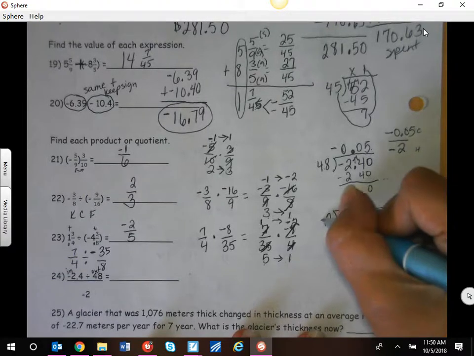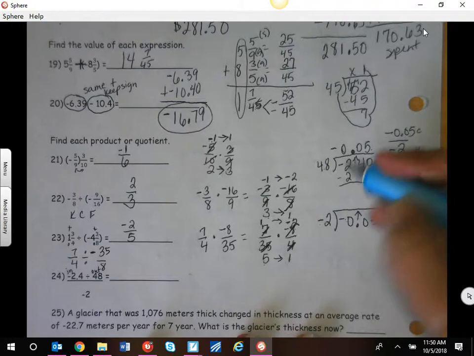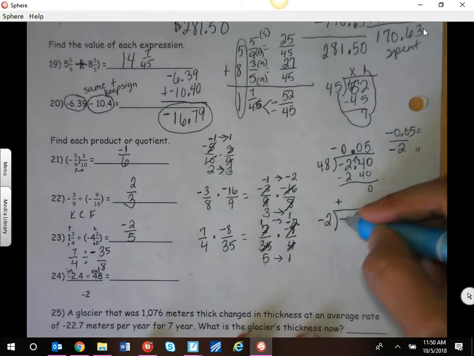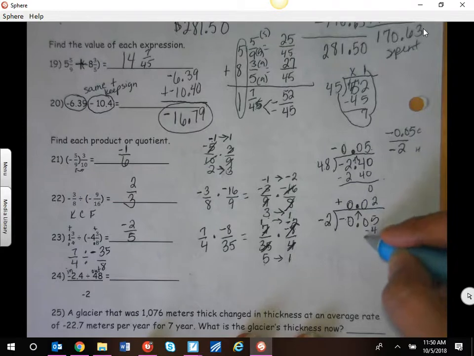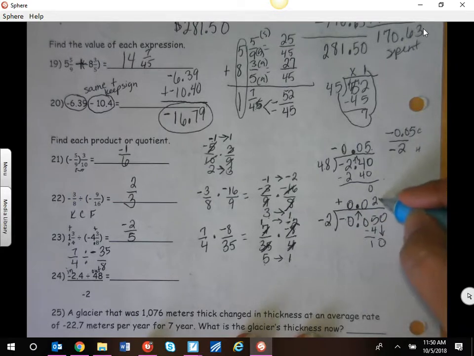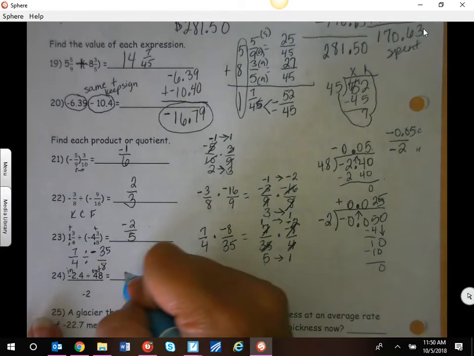Be careful with the signs. See, just that quickly. Negative divided by negative is a positive. 2 does not go into 0. 2 does not go into 0. I brought up my decimal. 2 goes into 5 twice. I'm going to add a 0 here. 2 goes into 10 5 times. So my answer here is decimal 0.25.